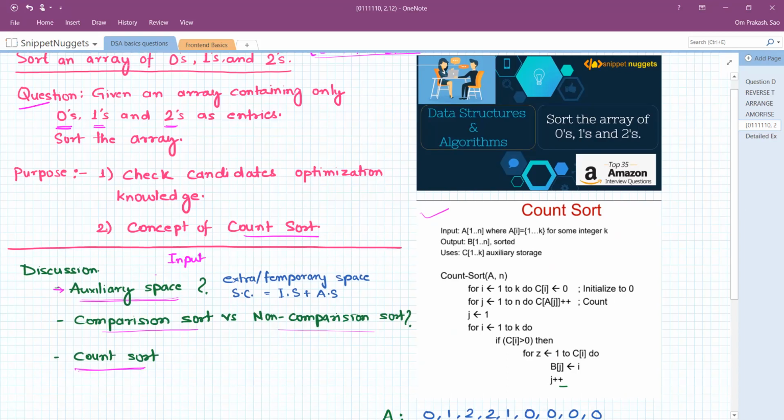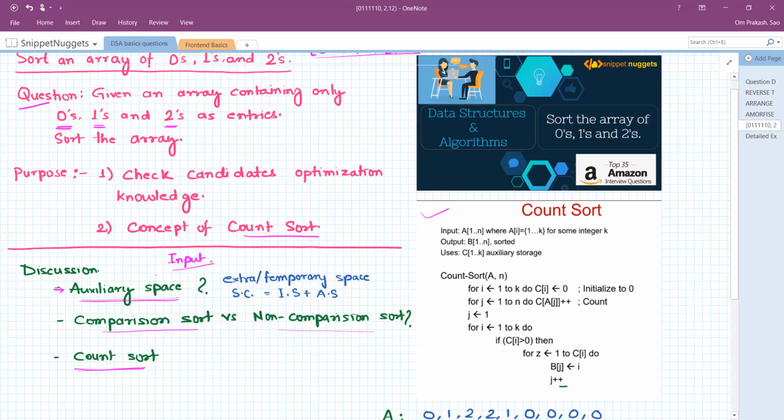The second type of space requirement is auxiliary space. It means the space required for extra processing or temporary storage of variables, basically all the processing space required during the execution, that is called auxiliary space.